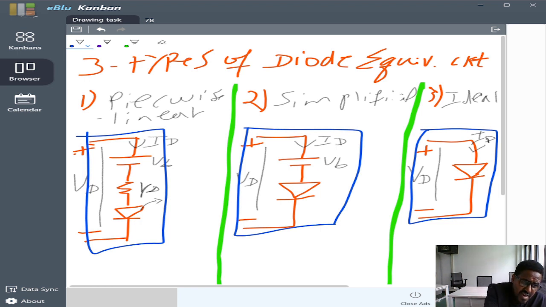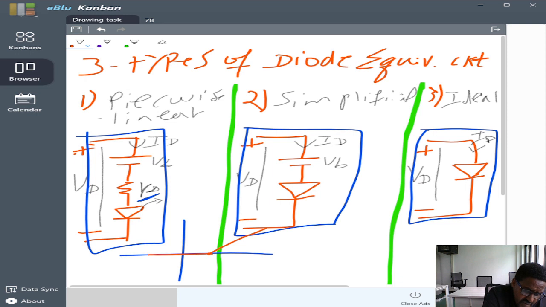In the piecewise linear equivalent, we have a voltage source, or potential source, and also a dynamic resistor, and the ideal diode represents the direction of current. In the graph, it is similar to the characteristics of a diode, with two straight lines that join.